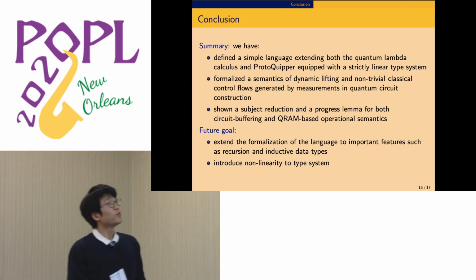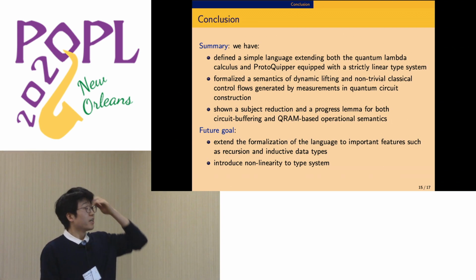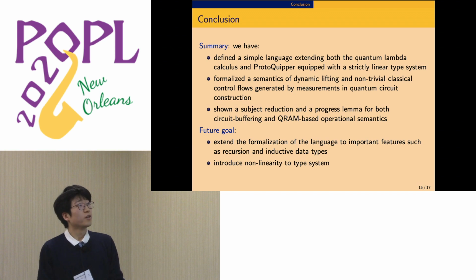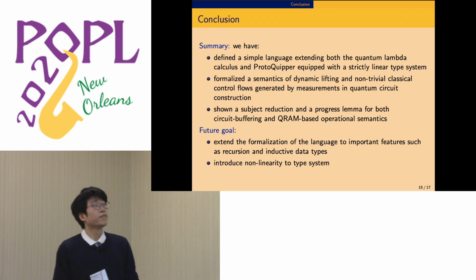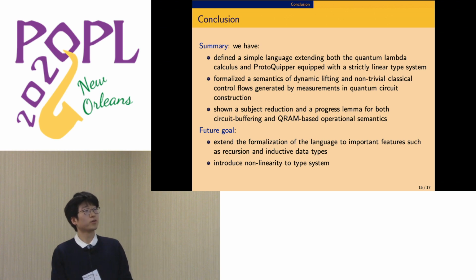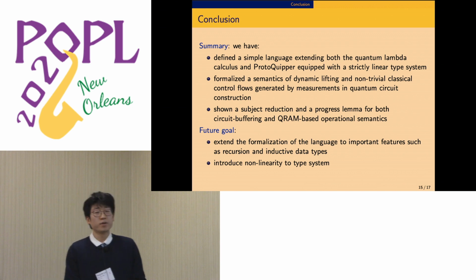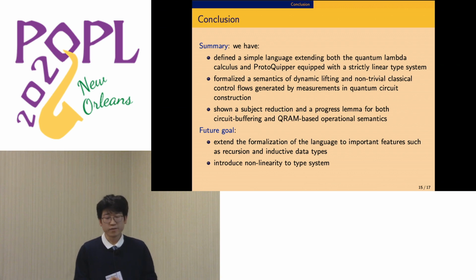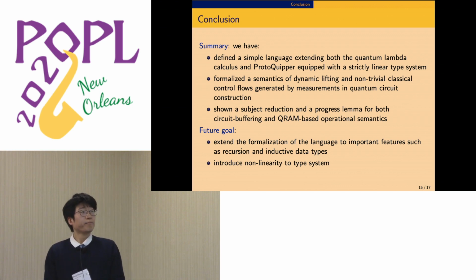And I want to conclude by summarizing. We have defined a simple language extending the quantum lambda calculus and Proto-Quipper, and we give a linear type system and formalize it by giving operational semantics.